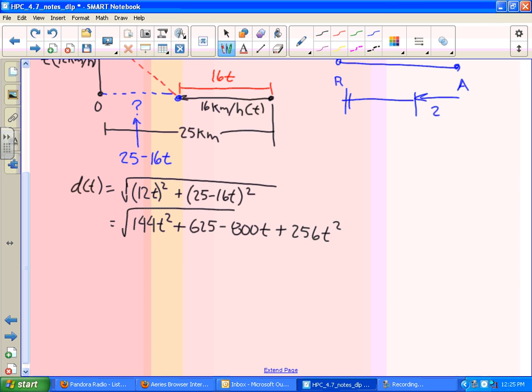And all of this is still underneath the radical.